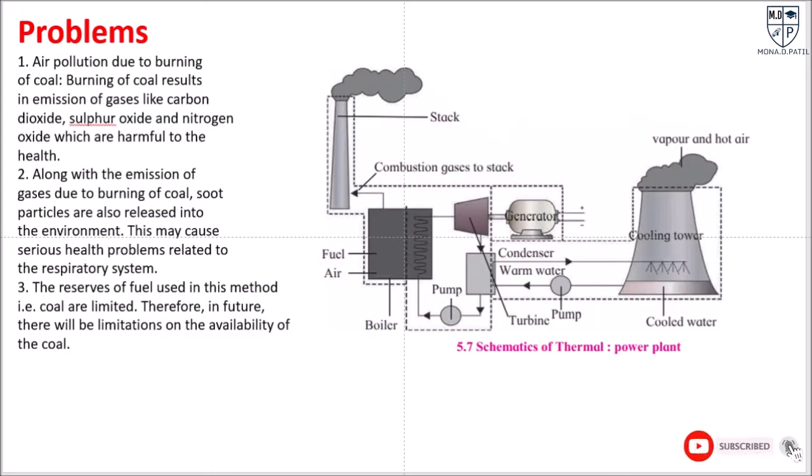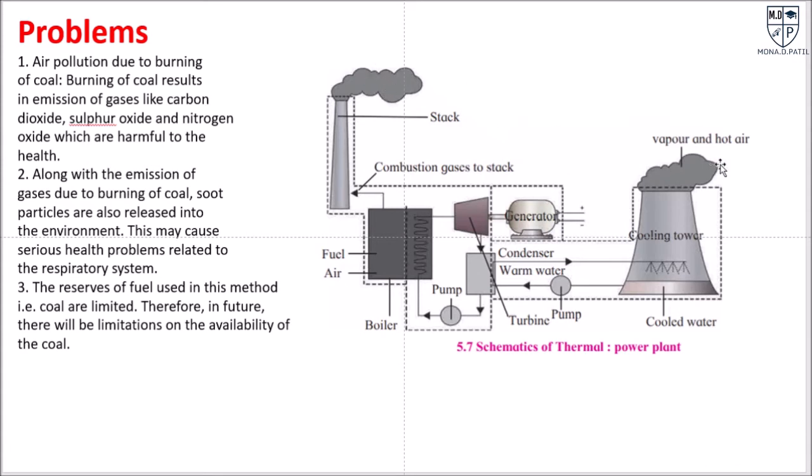If you see the thermal power station, you will observe two types of towers. What are they? If you observe the schematic of the thermal power station, you will get the answer to this question. What is this tower for? It is to release the gas, or the vapor and hot air.